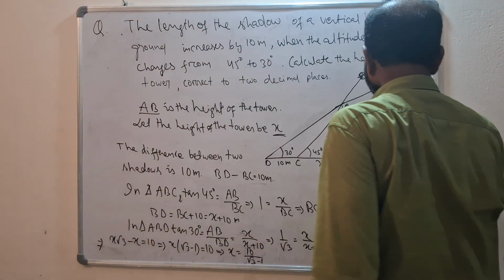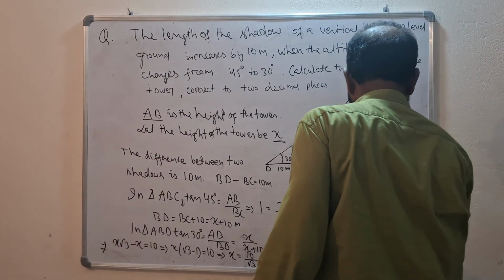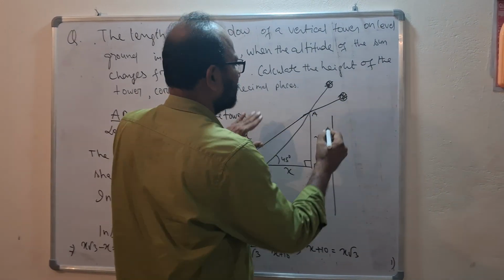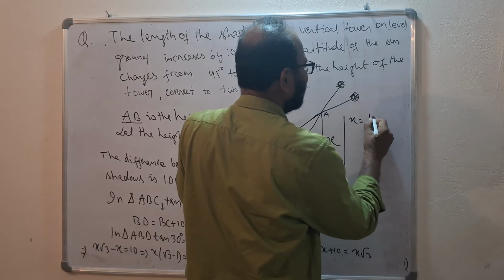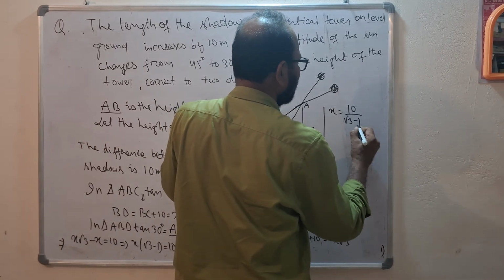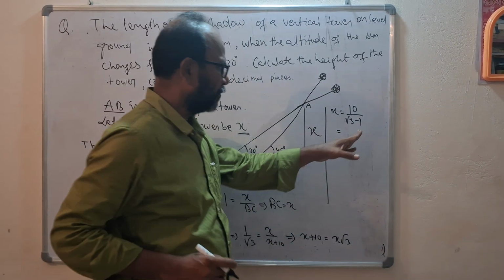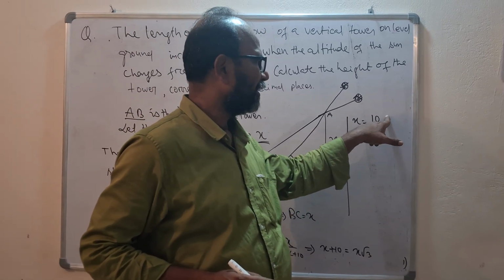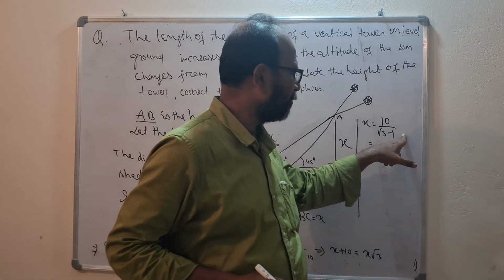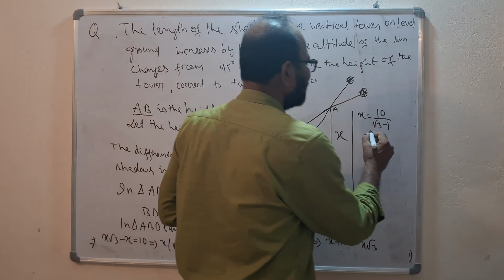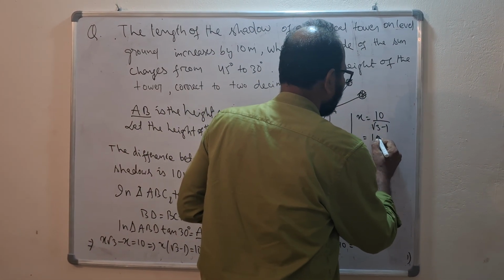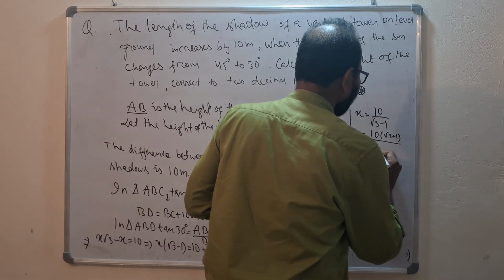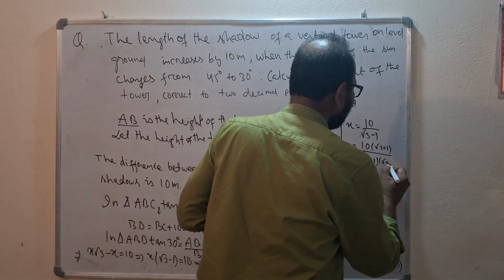Now we will solve this. x is equal to 10 by root 3 minus 1. So let us rationalize the denominator. Root 3 minus 1, you have to multiply by root 3 plus 1 in numerator and denominator. So 10 into root 3 plus 1 by root 3 minus 1 into root 3 plus 1.